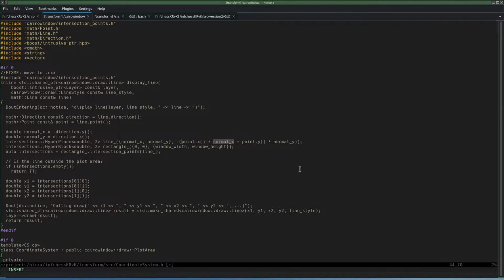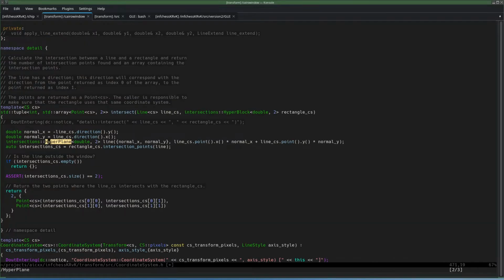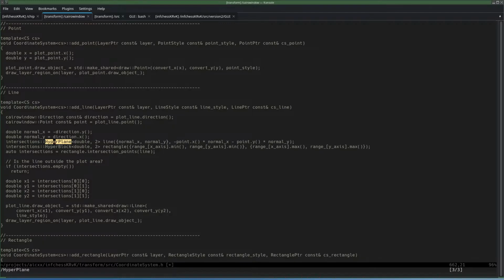And I'm going to put a normal up front. That one is still negated.